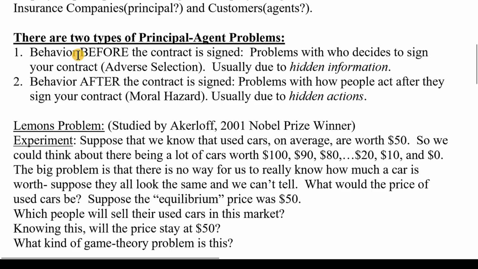If you think about the types of problems that could happen before you sign a contract with somebody, problems with who decides to sign up for your contract, these are things we call adverse selection. And adverse selection usually has to do with hidden information. Information that the principal doesn't know, but the agent does know. So these are adverse selection problems.